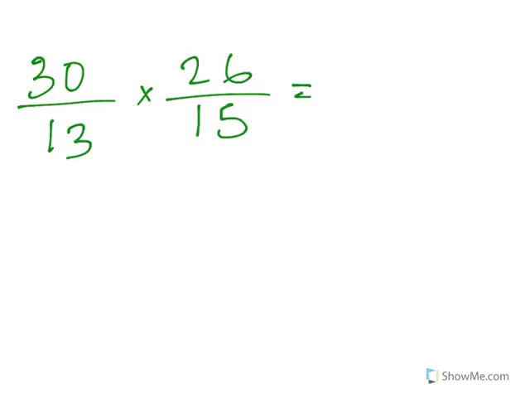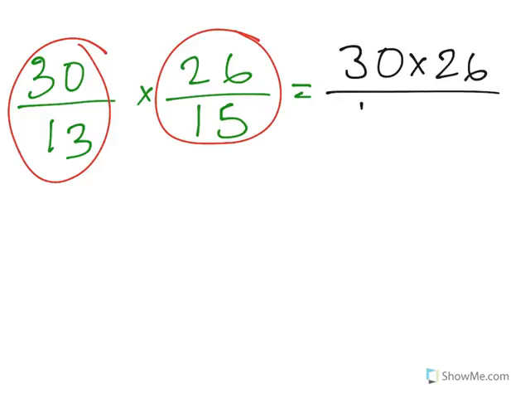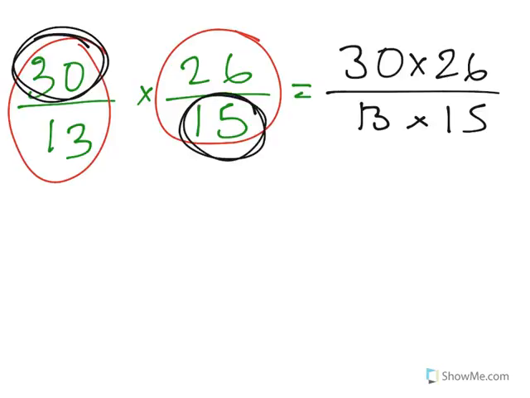If this is the case, it is evident that 30 over 13 is simplified and 26 over 15 is simplified to lowest terms. However, when you're multiplying them, instead of having to do 30 times 26 over 13 times 15 and then finding the common factors and canceling them out after you did these huge multiplications, what you could do since the beginning is just look at the common factors of 30 and 15.